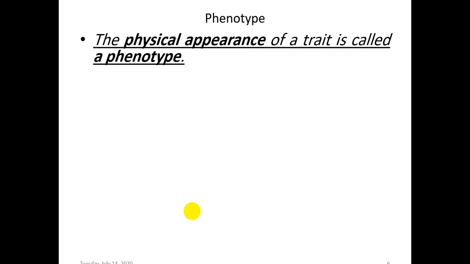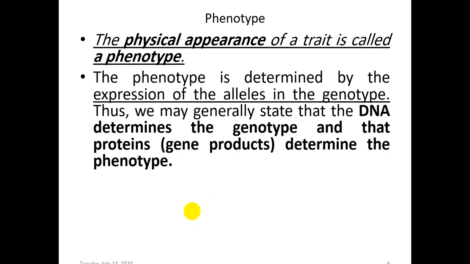The phenotype is the physical appearance of the trait. Okay, phenotype. So what determines the genotype? You can say it is the DNA. It transmits the information from one generation to the other. This is DNA. However, for this code in the DNA to be expressed into traits, into physical appearance, making protein synthesis and so on, you need RNA.